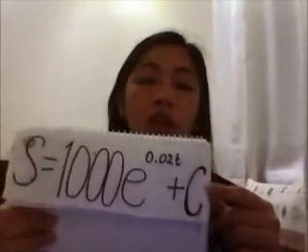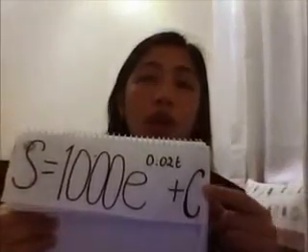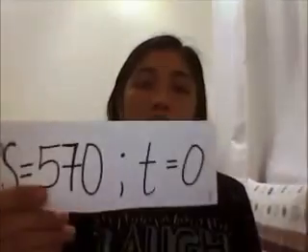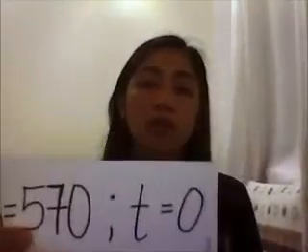Considering that your constant is still unknown, you have to solve for C, which we will do by using the values given in the first part, in which case your S will be 570,000 metric tons, while your t is equal to 0 because you are still just at the beginning.